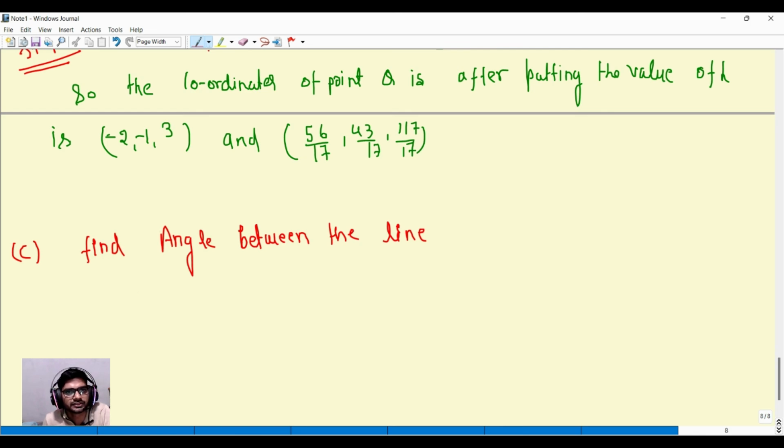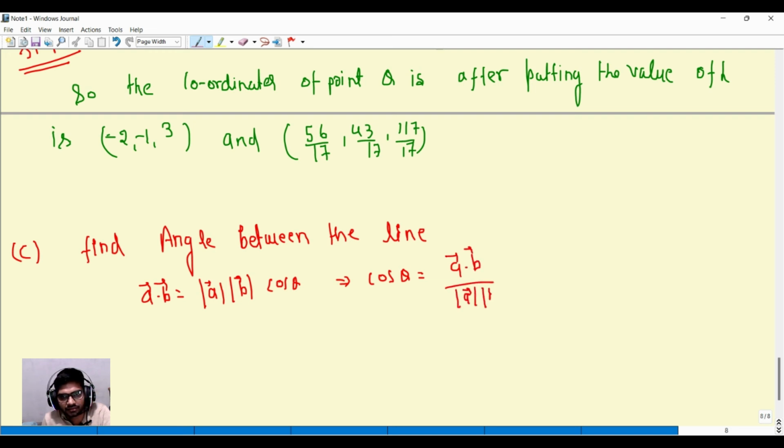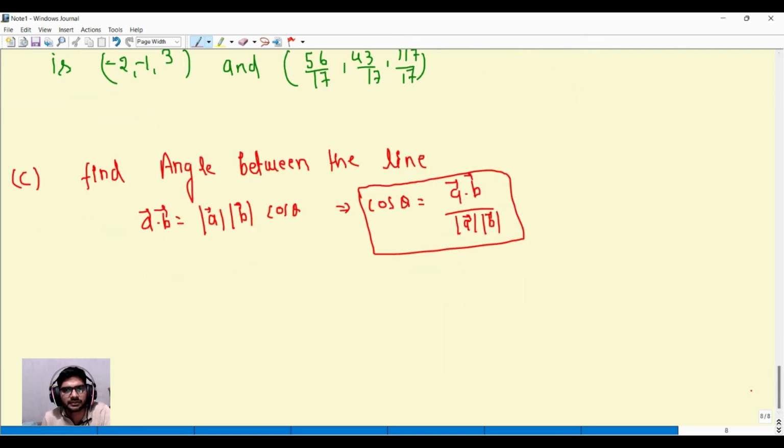What we studied in the dot product is a dot b equals mod of vector a and mod of vector b and then cos theta. So cos theta equals vector A dot vector B upon mod of vector A, mod of vector B. By using this formula, we find the angle between the lines. So how can we find that? We will do that with the help of lines.